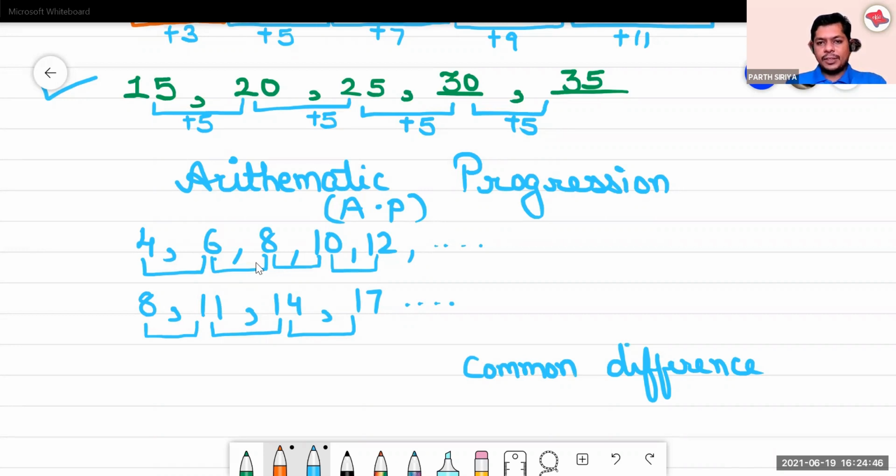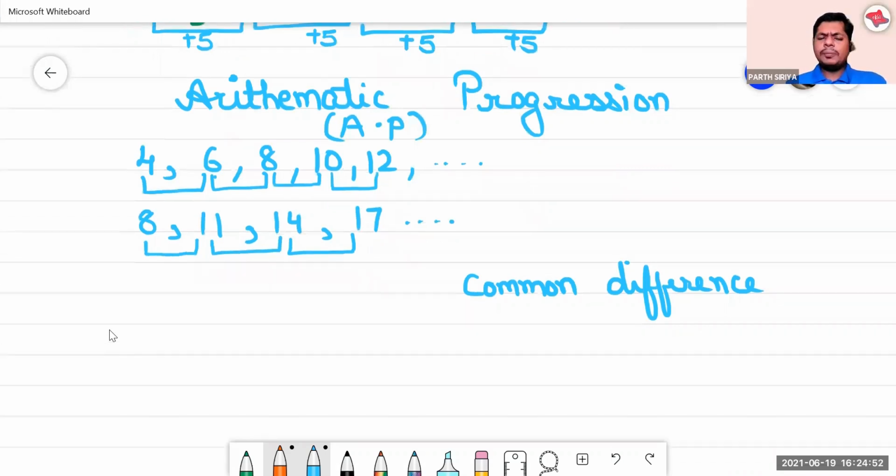No, sir. Okay. Now, how do we identify whether the pattern is AP or not? How will we know whether it is an AP or not? There are so many different types of patterns which we just saw. So how do we come to know whether this is an AP or not? So let's see.